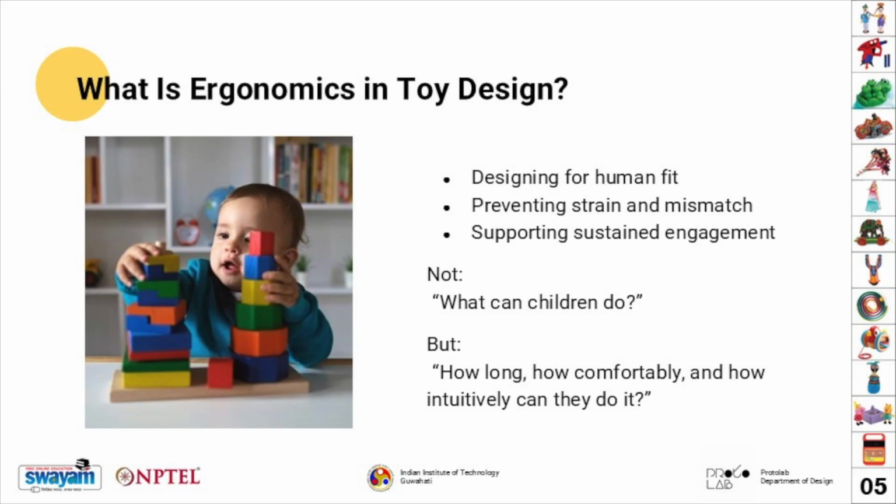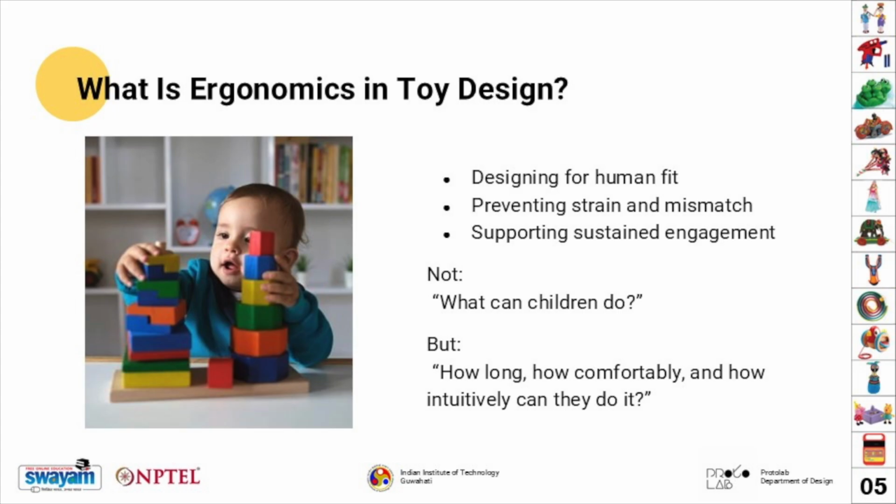Ergonomics is not a repeat of milestones. It is about reducing mismatch between ability and interaction. Ergonomics in toy design is about designing for human fit. It is about preventing strain, physical strain and cognitive strain. It is about reducing mismatch between the user and the object.